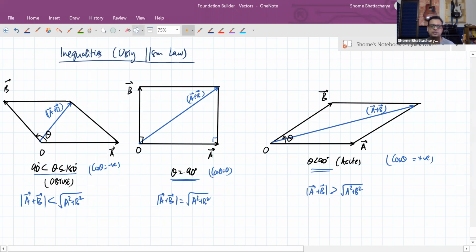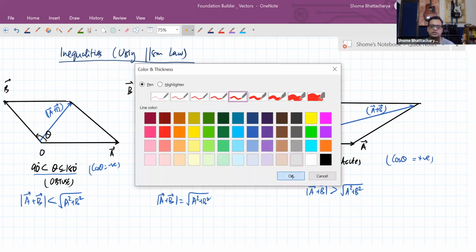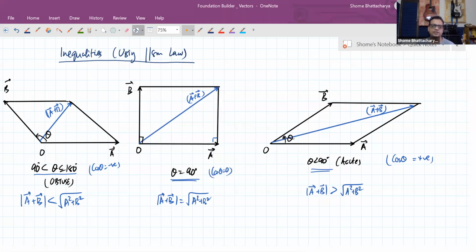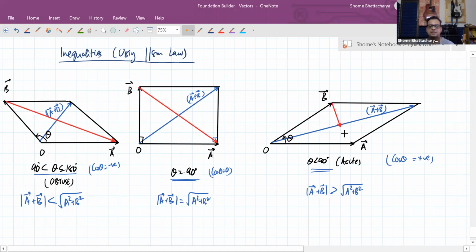Okay. Similarly, if you now start analyzing the difference of the two vectors, or in the geometrical shape, the secondary diagonal, you will see that in the perpendicular case it's equal to the primary diagonal. Both are root of a square plus b square. But in the case of obtuse angle, you can see it becomes longer in length. And in the case of acute angle, it becomes lesser in length.